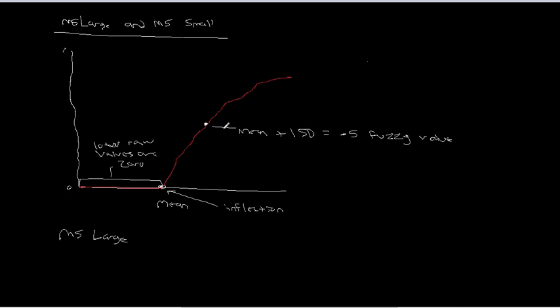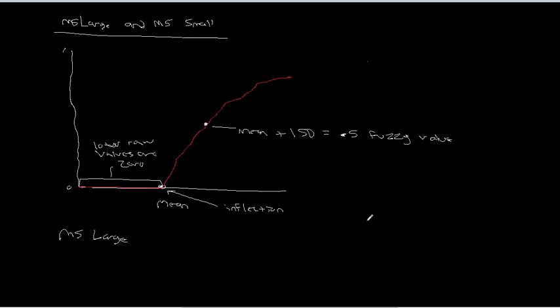And then we have this mean plus 1 standard deviation equals 0.5 fuzzy membership that controls the rate at which this curve curves. Right? Because again, this has to be 0.5 fuzzy membership, and we have this curving approach to the fuzzy values. Okay?